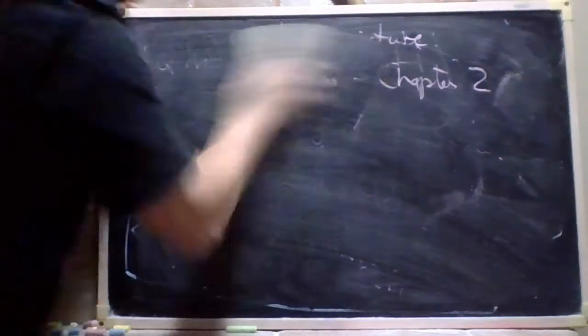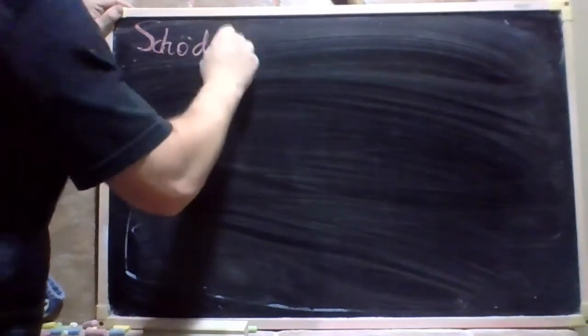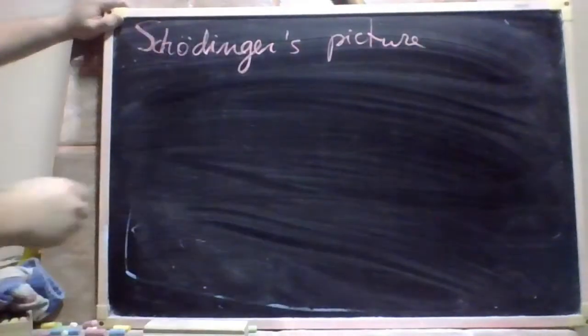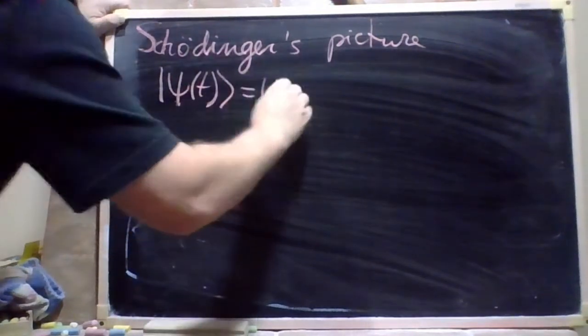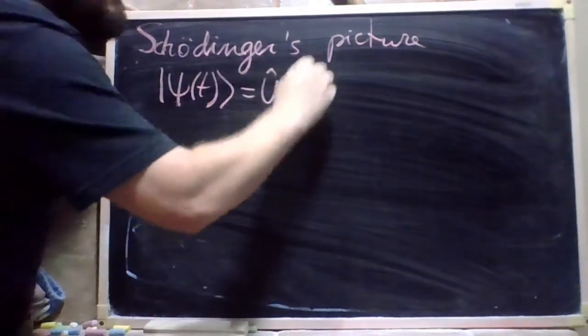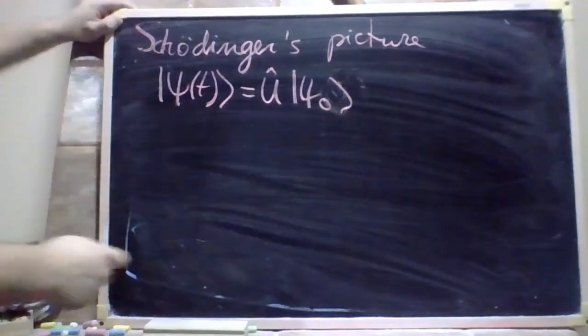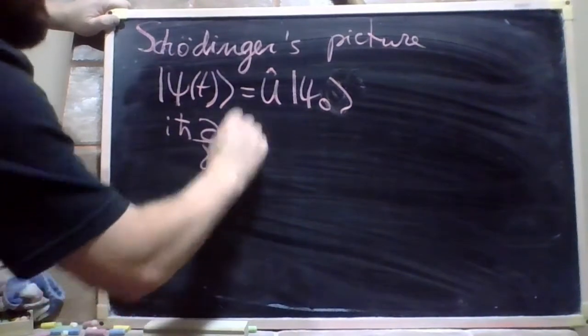But let us summarize a little bit. In the Schrodinger picture, psi is a function of time. It evolves according to an evolution operator, and so satisfies Schrodinger's equation.